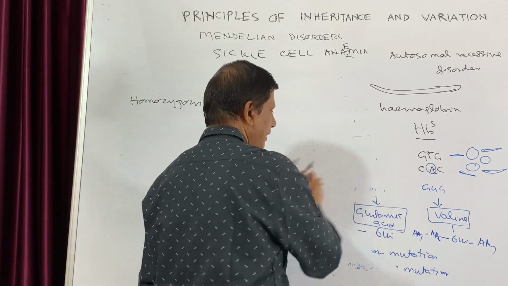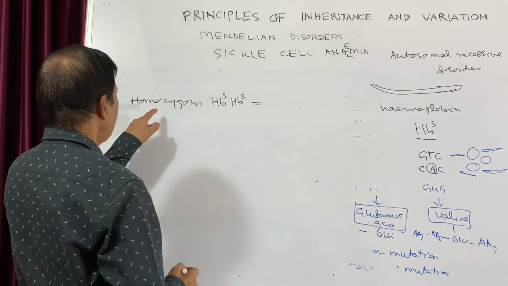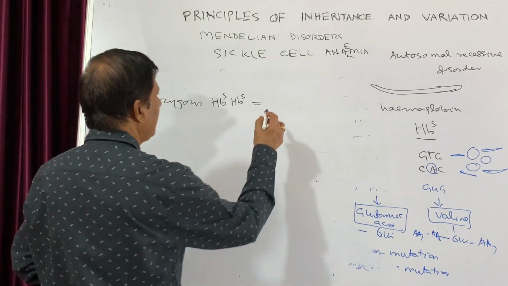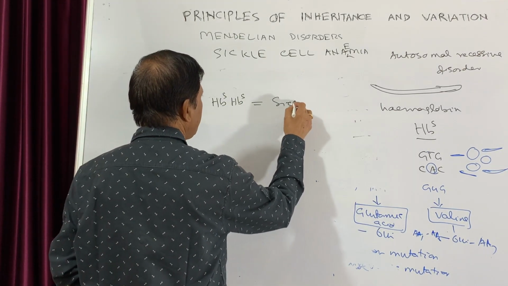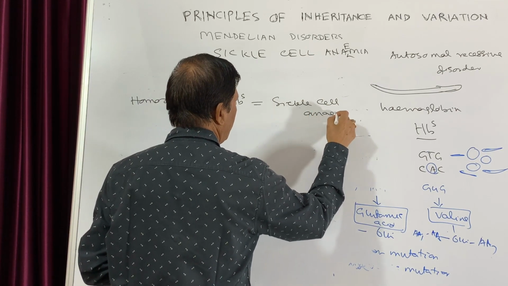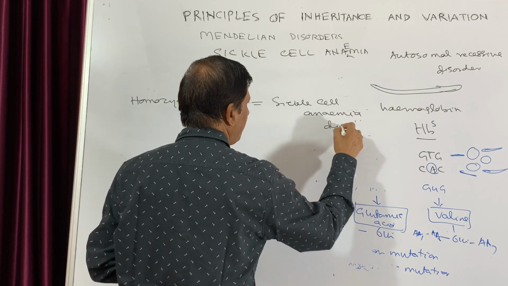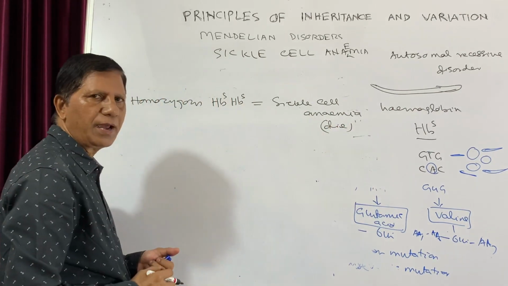Before they attain the age of 20 years, usually most of them die. So when it is homozygous condition, that means the person is suffering from sickle cell anemia, and there is every possibility that the person will die.